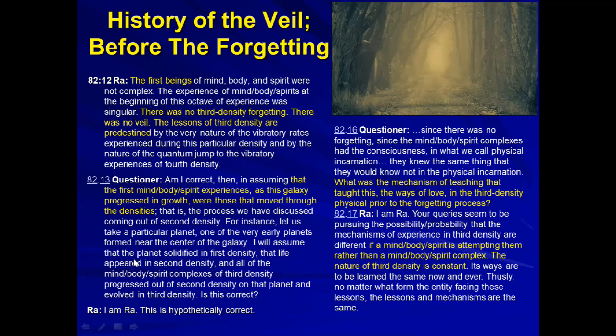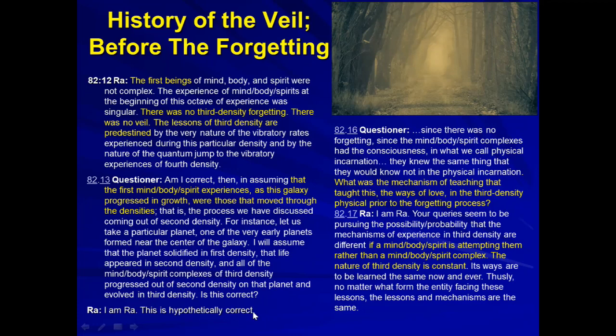I will assume that the planet solidified in first density, that life appeared in second density, and all of the mind-body-spirit complexes progressed out of second density and evolved in third density. Is that correct? He shouldn't have said complexes because that's not what they were then, but again, this is Don asking. That's hypothetically correct.